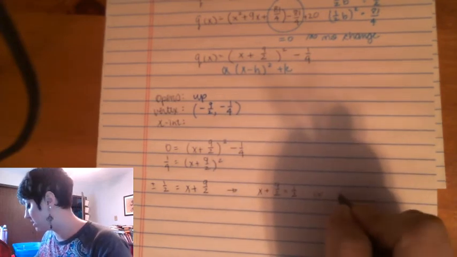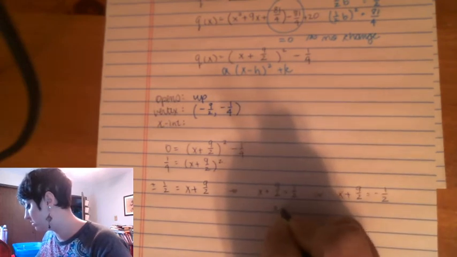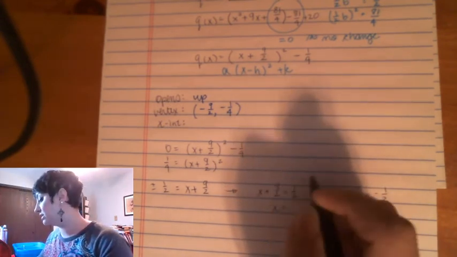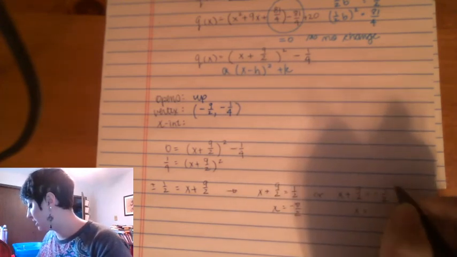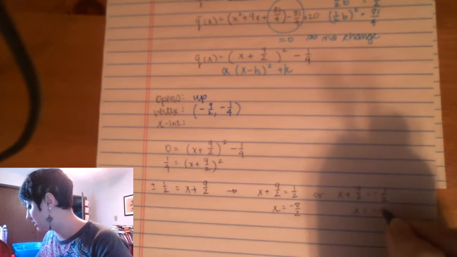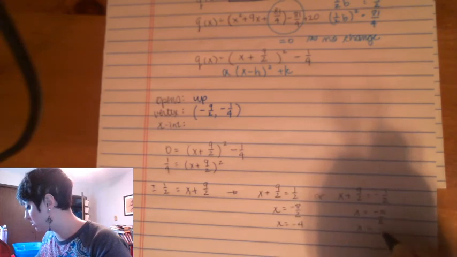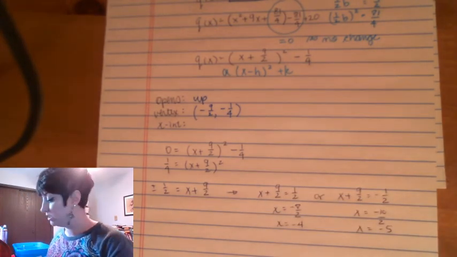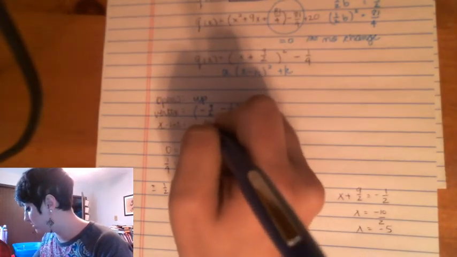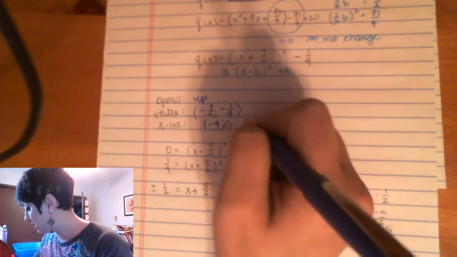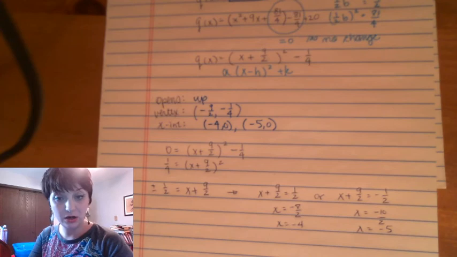The other says that x plus 9/2 is negative a half. So 1 minus 9 is negative 8. Negative 1 minus 9 is negative 10. And I have negative 4, negative 5. All right, so my two x-intercepts would be negative 4, 0, and negative 5, 0.